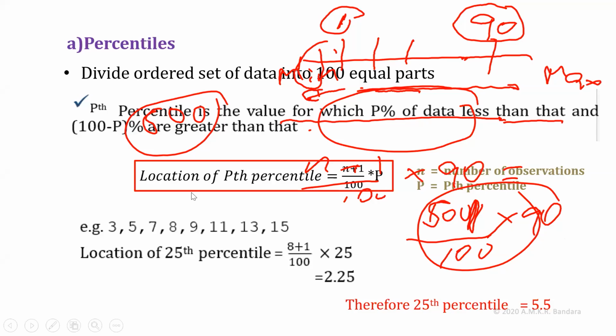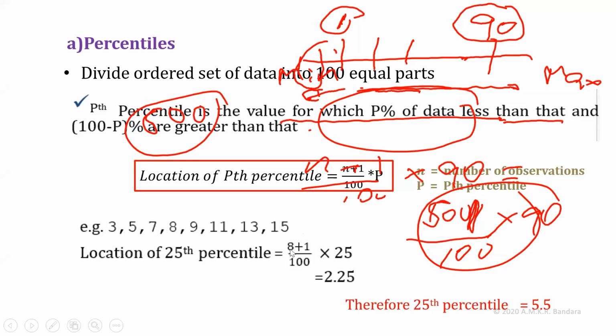For example, here I have 8 data points in the data set. I want to find the 25th percentile. The location of the 25th percentile can be found by adding 1 to the number of data points, that is 8 plus 1, divided by 100 and multiplied by the required percentile. Here the required percentile is 25, therefore I multiply by 25.